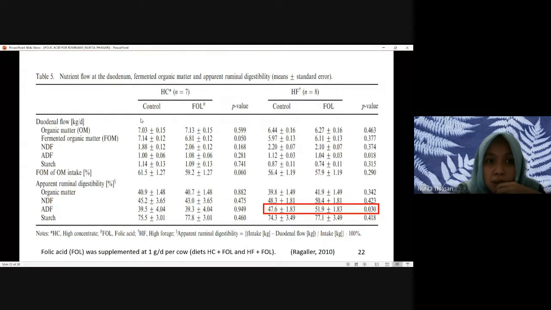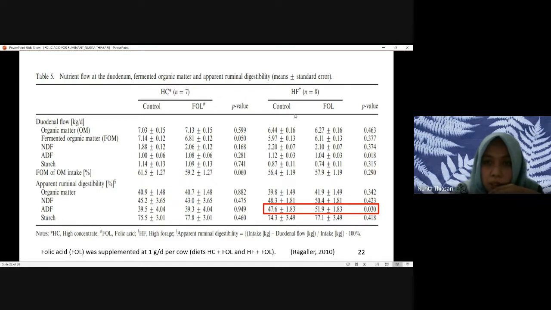And I would like to show another piece of research here on the effect of folic acid, with high forage and high concentrate. We can see the apparent ruminal digestibility.